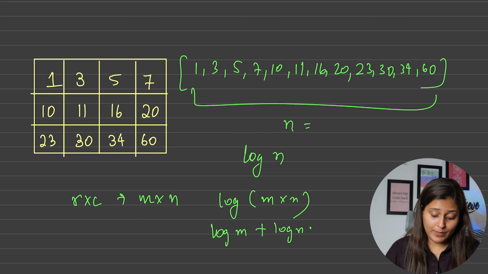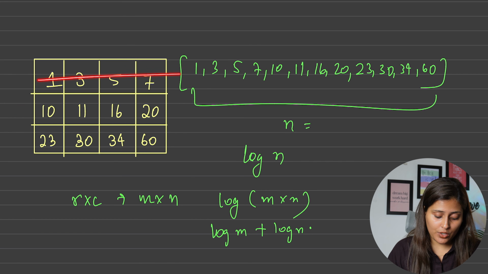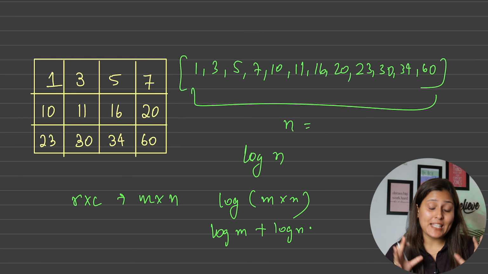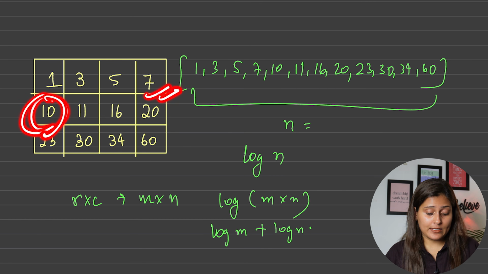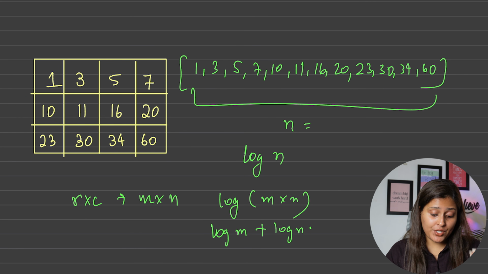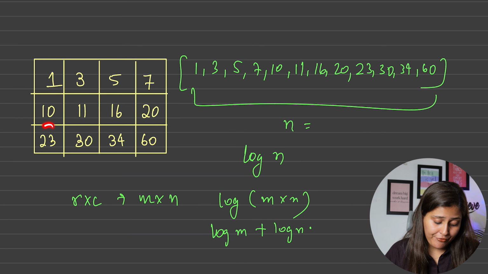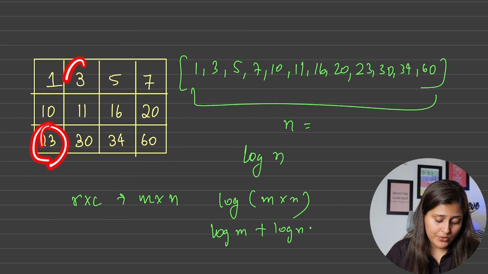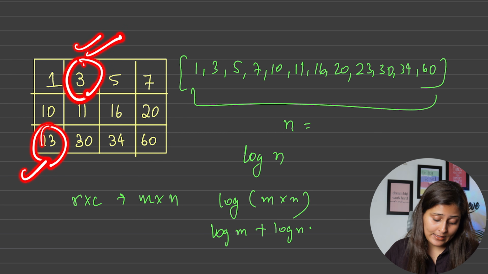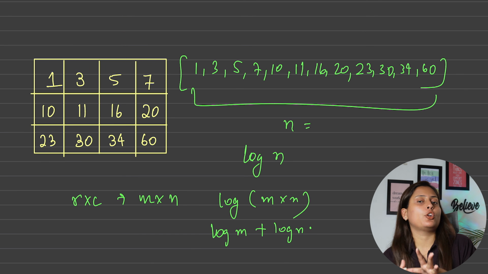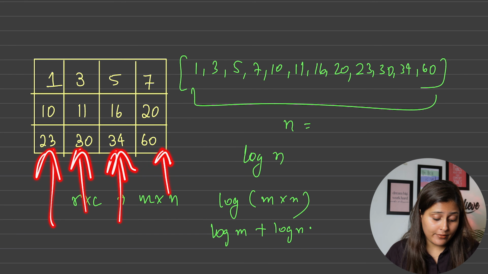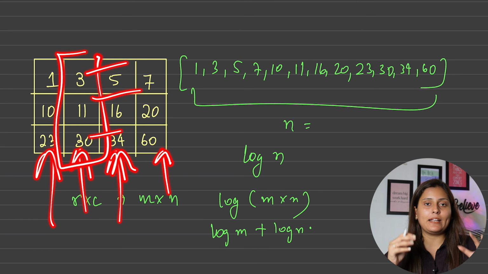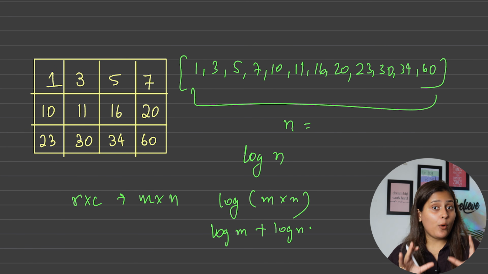This itself says to apply the binary logic on the number of rows, then the number of columns. The reason we applied the binary search logic on the rows only is because it said every first value is greater than the previous. Now if the question had said that for every column, the first value, like 3, is greater than this, then we could have applied the binary search on columns first to get the valid column, and then applied the binary logic on rows. How would it have looked?